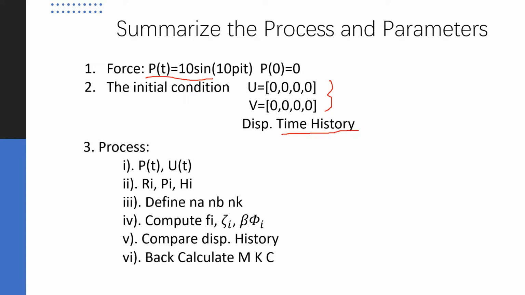Then we use the values to calculate the frequency, damping, the damping ratio and the shape factor. We also look into the displacement between the calculated one and the ARX generated one. Then we will compare and back calculate the mass, stiffness, and damping matrix and discuss the results under the different conditions.